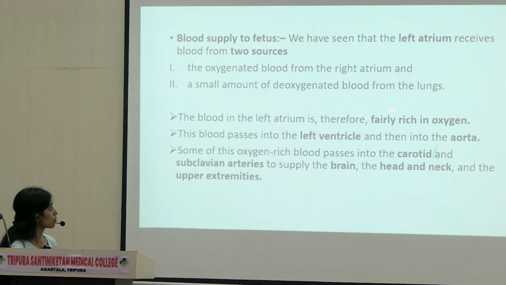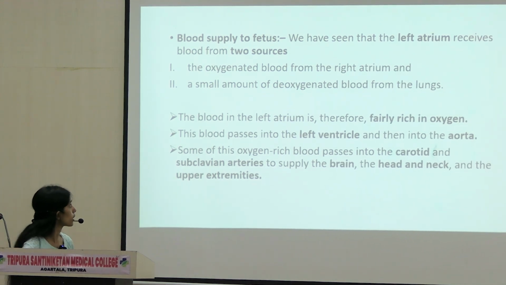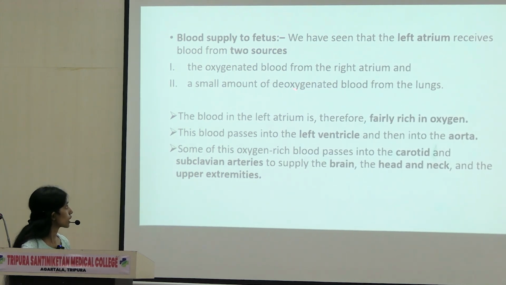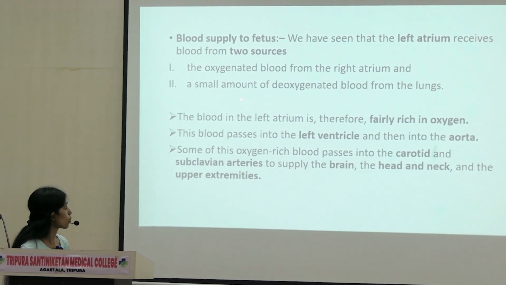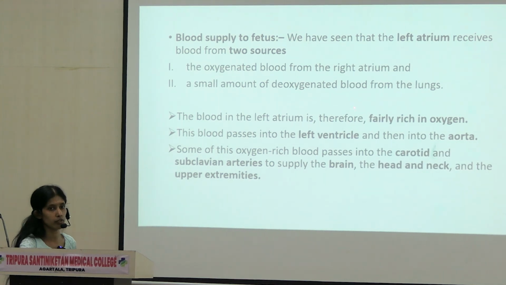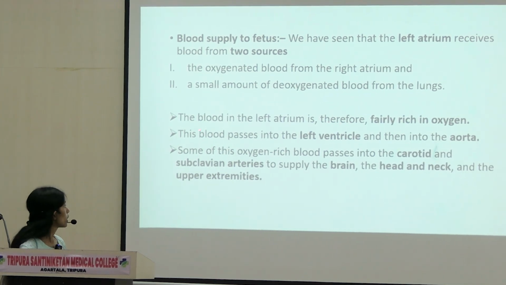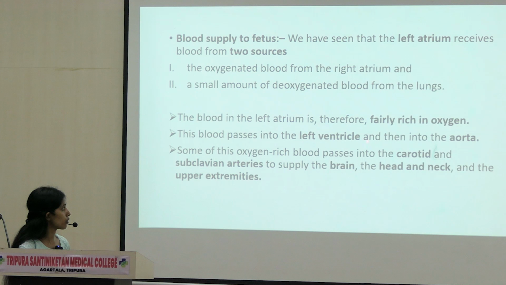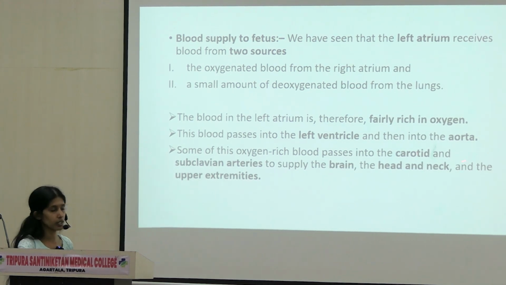Blood supply to the left atrium in this fetus comes from two sources: the oxygenated blood from the right atrium and a small amount of deoxygenated blood from the lungs. The blood in the left atrium is therefore fairly rich in oxygen. This blood passes into the left ventricle and then into the aorta.